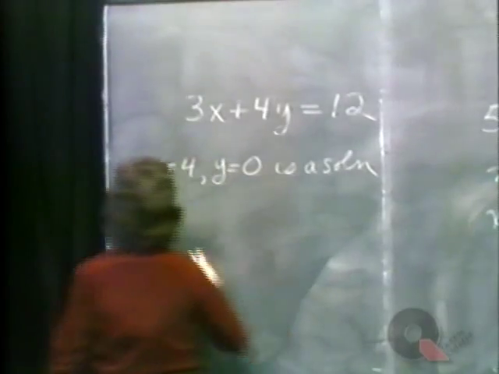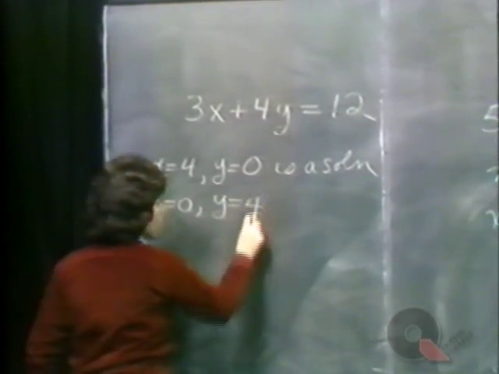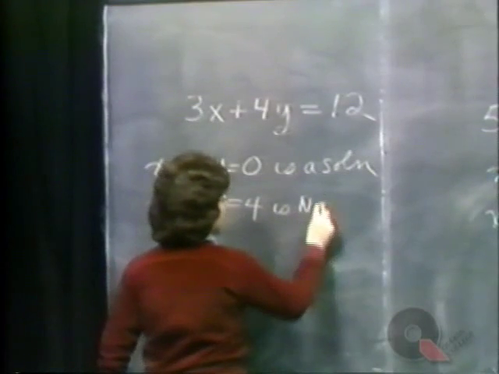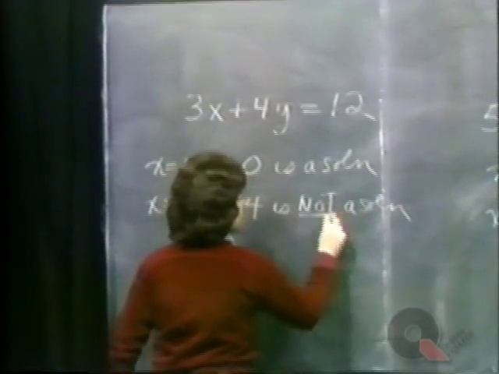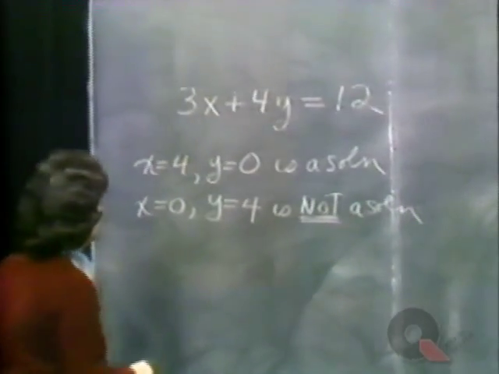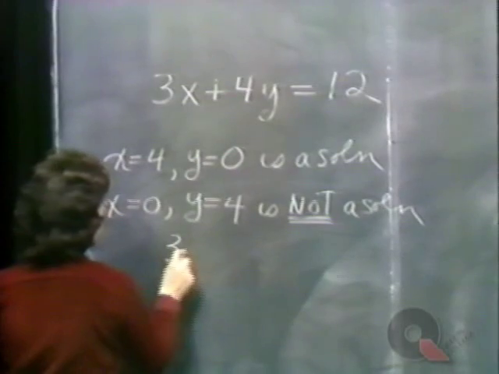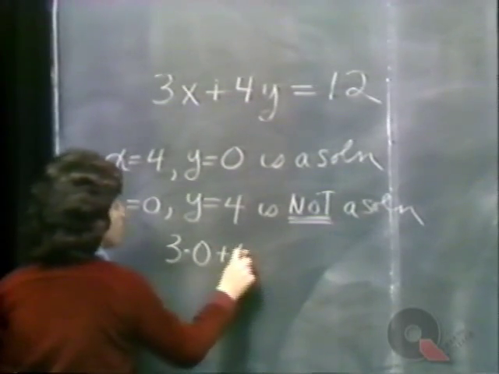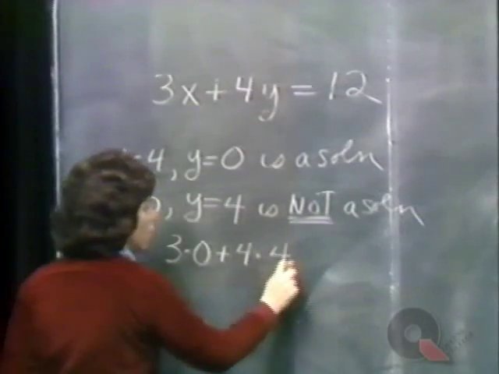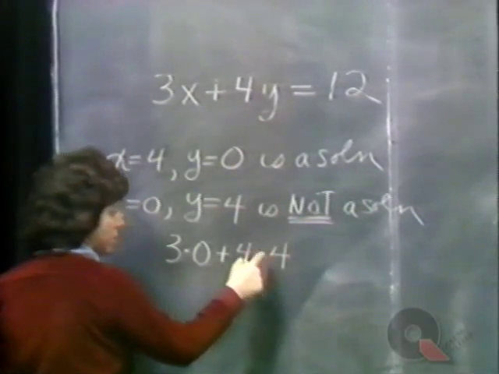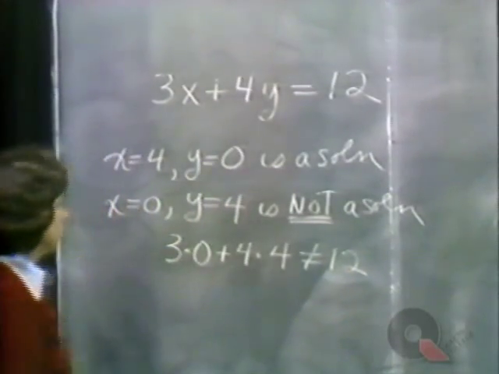On the other hand, x equals 0, y equals 4 is not a solution, because when we substitute in x equals 0 and y equals 4, we get 3 times 0 plus 4 times 4, which is 0 plus 16, 16, which is not equal to 12.